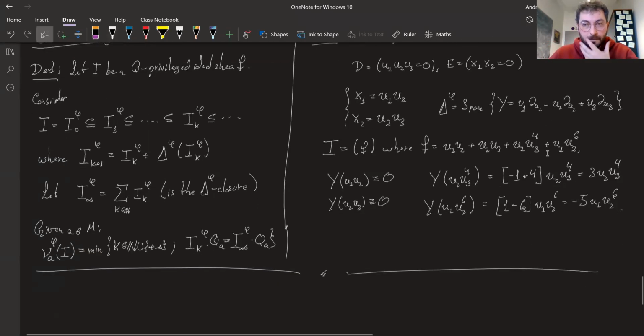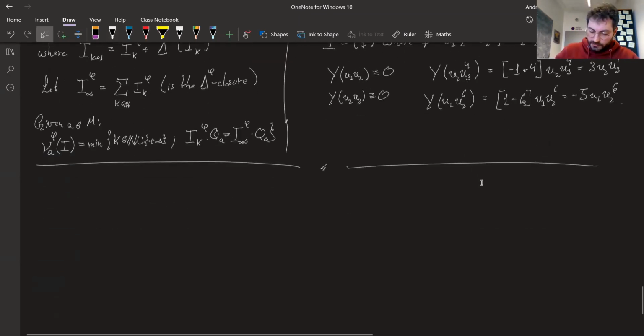Okay, so now let's use this information to compute the sequence of ideals, this chain of ideals. And actually, I'm going to be more interested in the invariant itself.